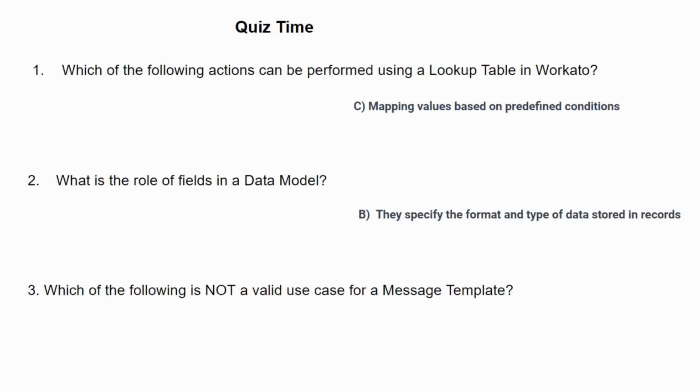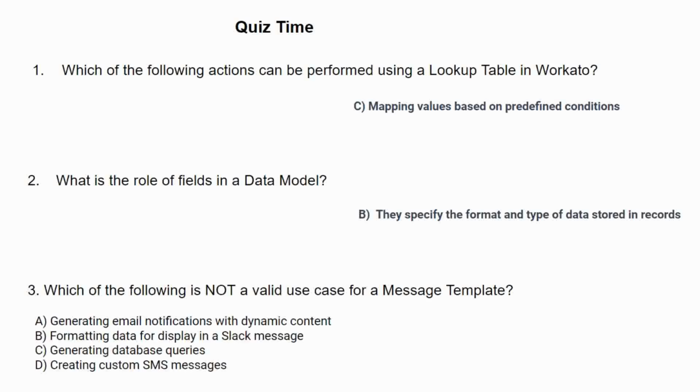So last question is, which of the following is not a valid use case for message template? Options are generating email notification with dynamic content, formatting data for display in Slack message, generating database queries, creating custom SMS messages.